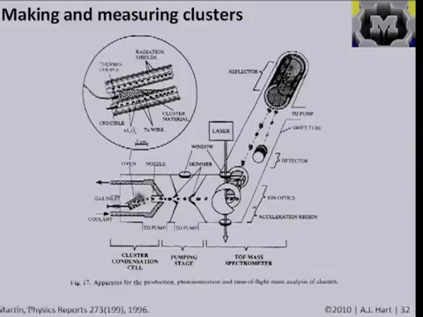You vaporize it and then drive it down a column where you know the relationship between the time that different clusters or sizes will take to fly to a certain destination, because their speed depends on their size. You can electrically detect the arrival of clusters of certain sizes, and you can create that spectrum that you see there.